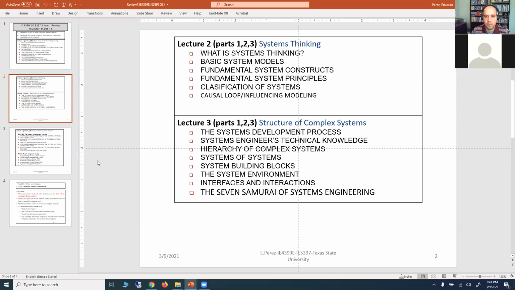You should know the difference between the fundamental system constructs and the fundamental system principles. We also did a classification of systems, and we discussed causal loop and influence modeling. In addition, we talk about the n-squared charts.